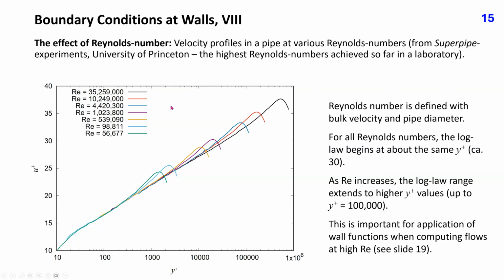For all Reynolds numbers, the log law begins at about the same y plus, around 30. As the Reynolds number increases, the log law range extends to higher y plus values, up to about 100,000 for the highest Reynolds number. This is important for the application of wall functions when computing flows at high Reynolds numbers in full scale. See slide 19.